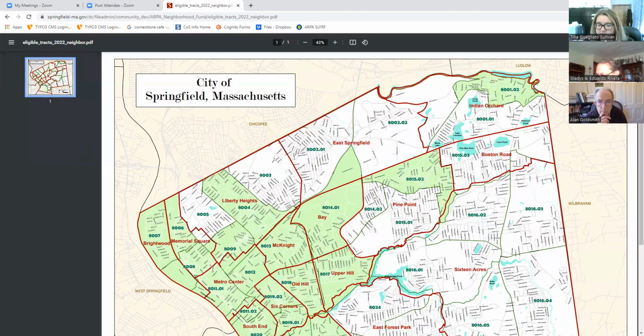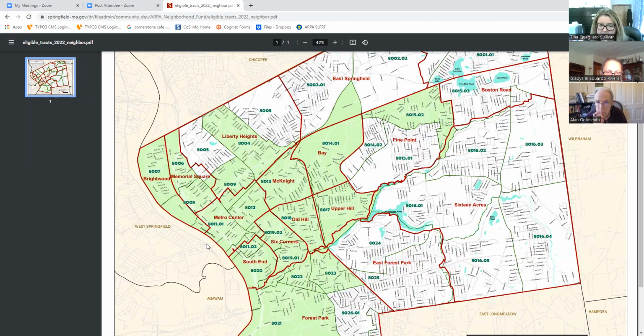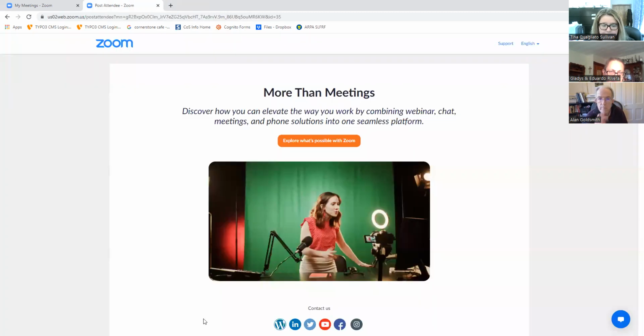These are called qualified census tracts, and they are determined by the federal government, and were determined by the U.S. Treasury in this instance as related to this grant funding. So if the entity that you're planning on submitting an application on behalf of is not located in or does not serve one of these shaded areas, you would likely not be eligible for funding. I just want to make that clear to everyone.